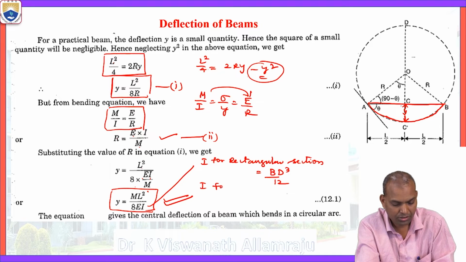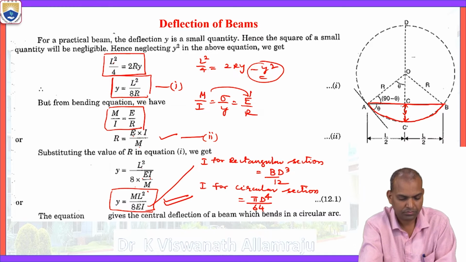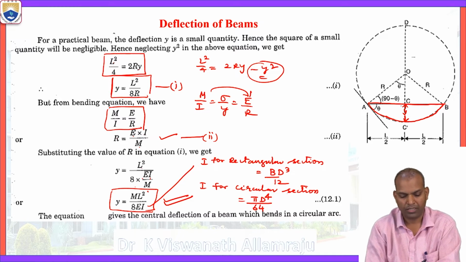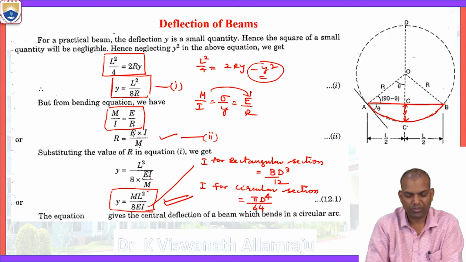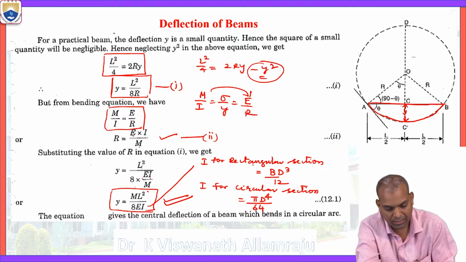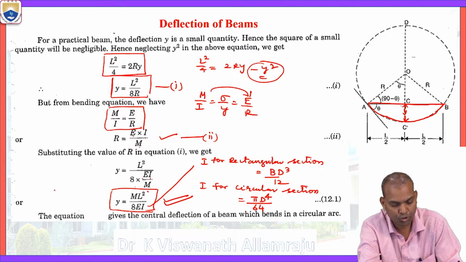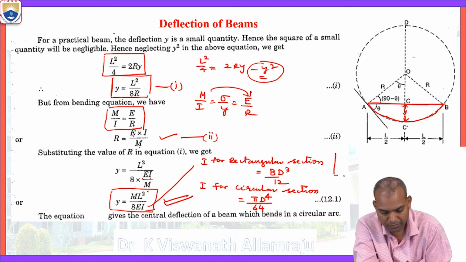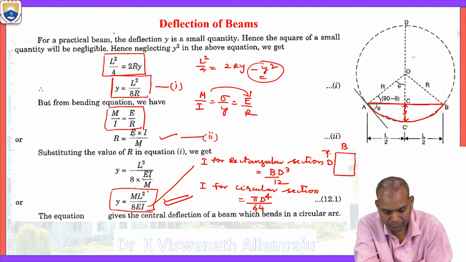I for a circular section is pi d to the fourth by 64, if d is the diameter. I for a rectangular section is B d cube by 12, provided B is the width and d is the depth.